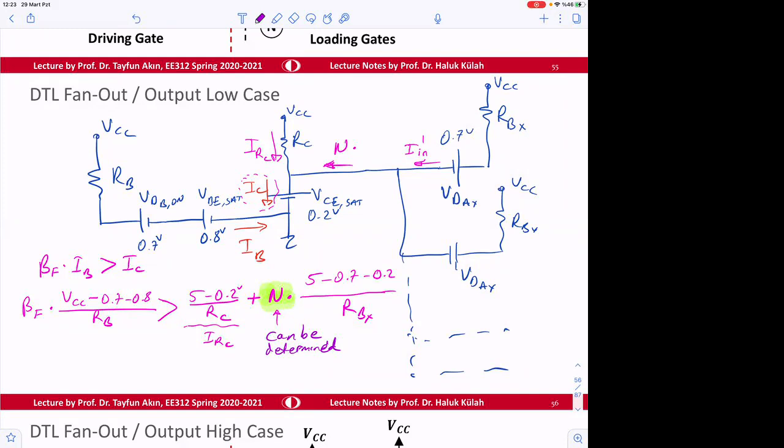Okay, so that's the only unknown here. And it's going to be something smaller than. So if you just leave n alone, that's going to be your n max and low max. And low max can be determined.